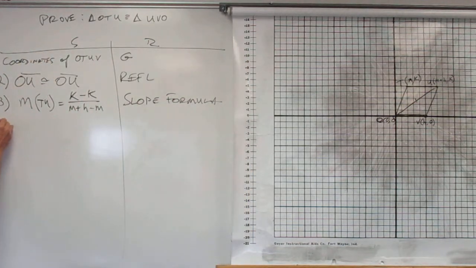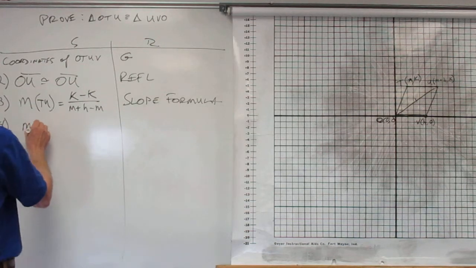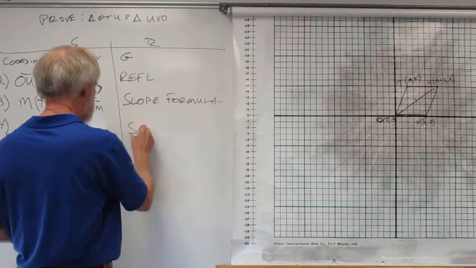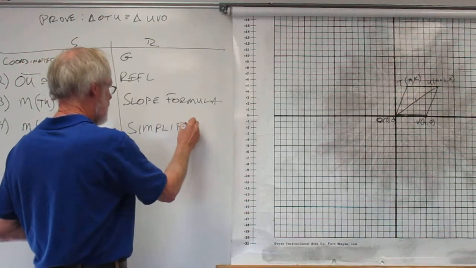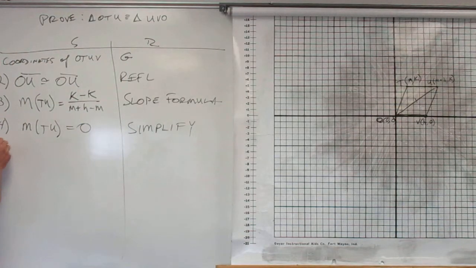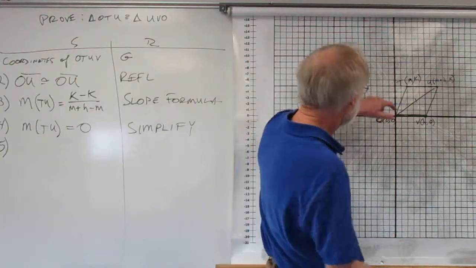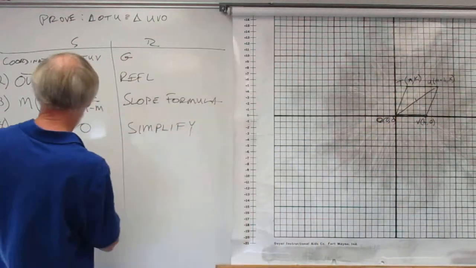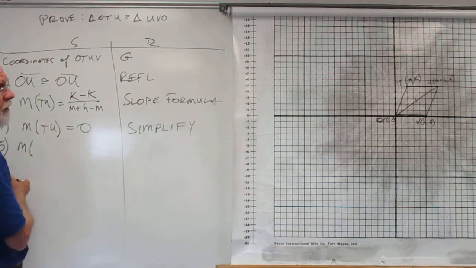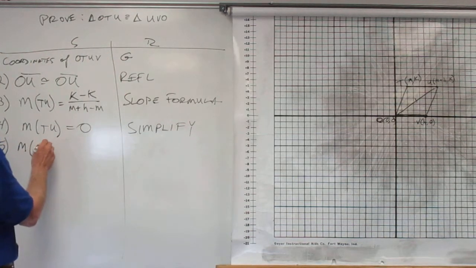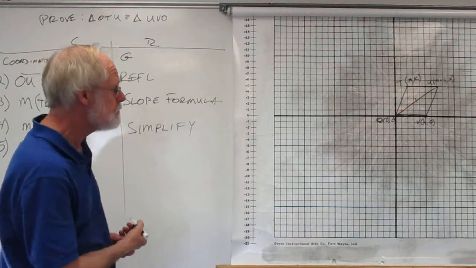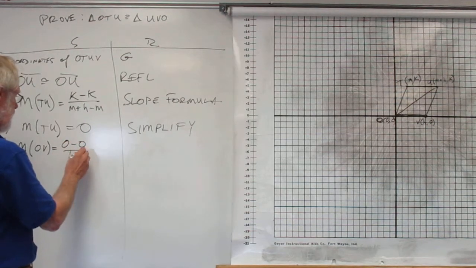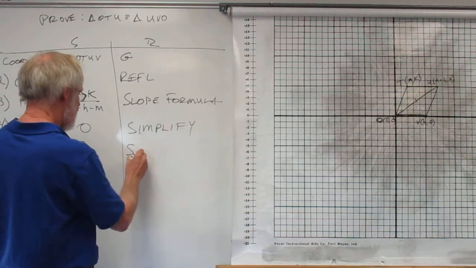And then to simplify that, I can say m of TU is equal to 0. That's simply simplify. All right, now let's do the same thing for this one. So the slope m of OV is equal to 0 minus 0 over h minus 0, and that is slope formula.